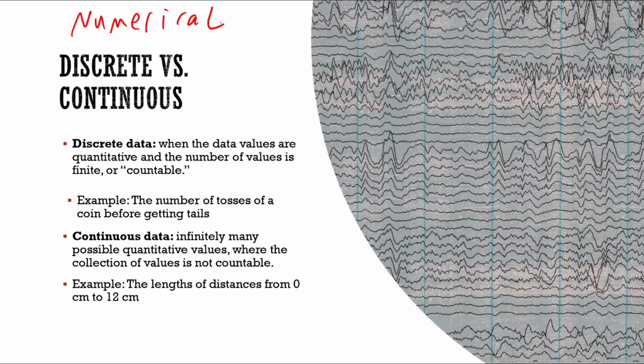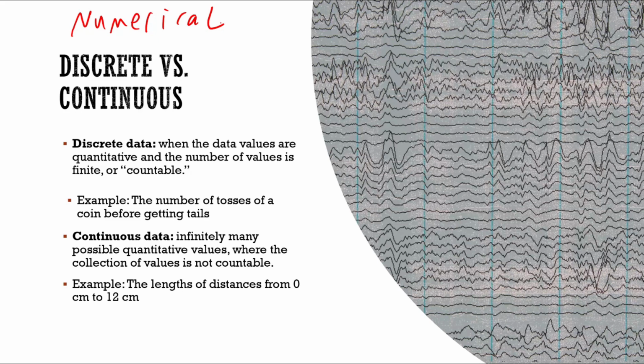Maybe the first time it's 2, then it's 3. Maybe something very unusual happens and it's 10. There's no limit for how many times I might have to flip that coin before getting a head, but it's still countable, and you get the numbers by counting. The answer is not going to be 4.5 or 4.7. I have to flip a coin a whole number of times.